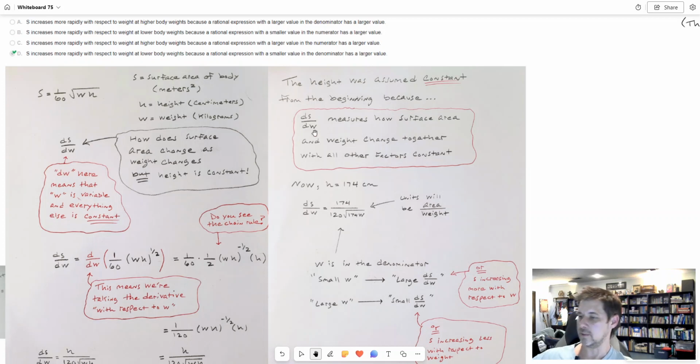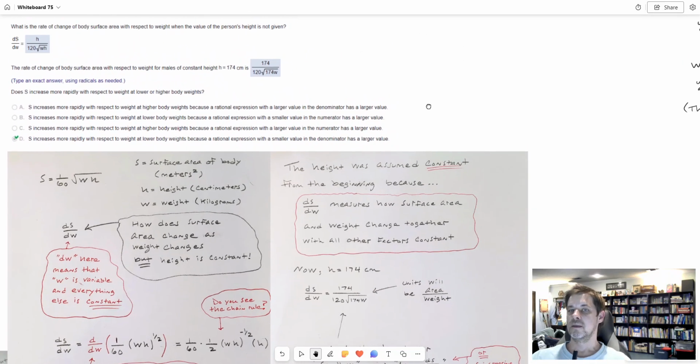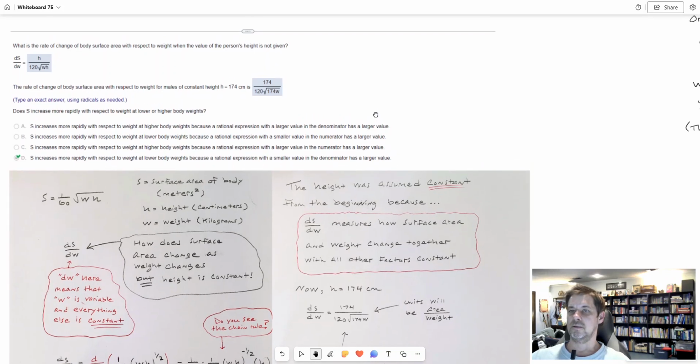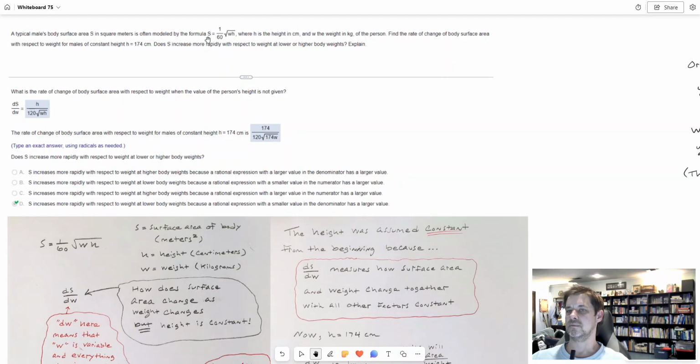It assumes h is a constant. And then it explores, how do weight and surface area change together? To me, that's the only way it makes sense to think about this. It doesn't really seem to make sense to think about how weight and height and surface area all change together. It's like we have to hold something fixed and change one thing and see what happens.